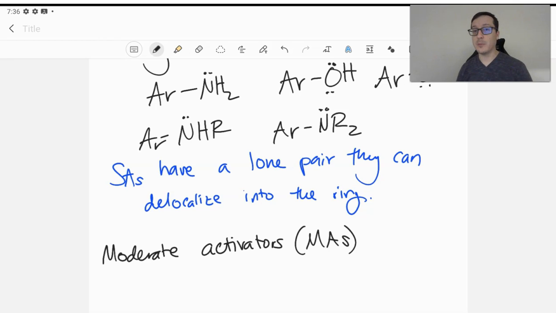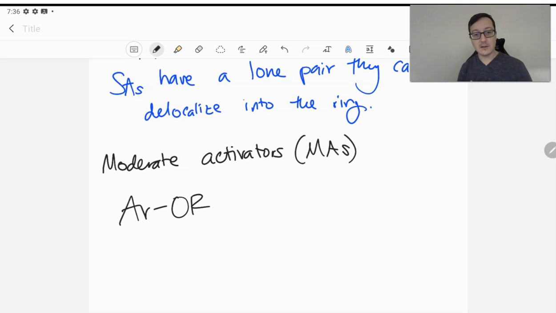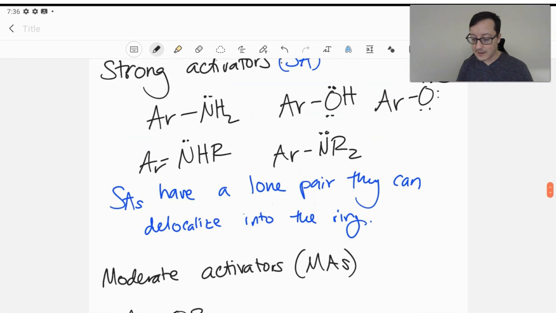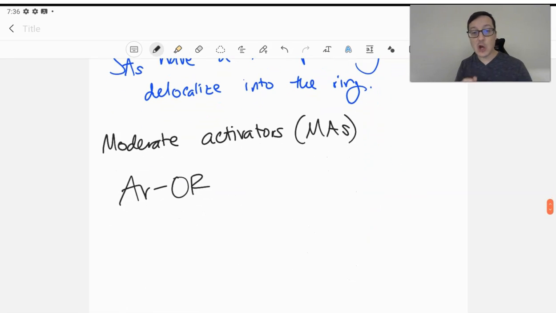Alkoxides technically have lone pairs that are able to resonate into the ring, but we see experimentally those typically are less activating than alcohol would be. So we are going to classify them as moderate activators. So with that in mind, we're going to see that ethers, so alkoxy groups, not alkoxides. Alkoxides, the negative oxygen, very, very strong activator. However, an alkoxy group, an ether, is a moderate activator.